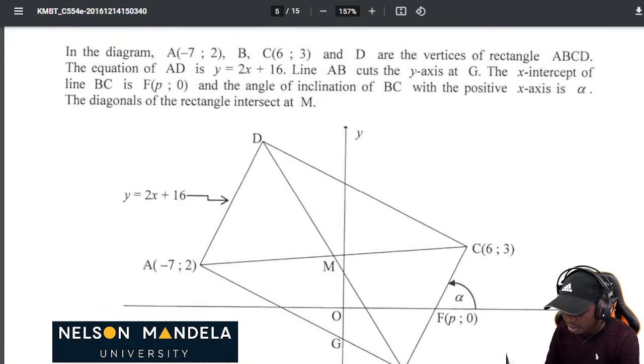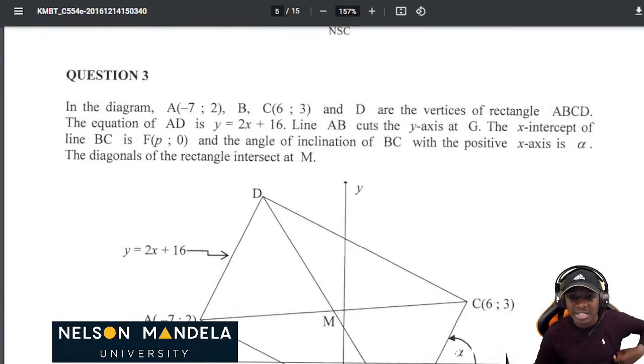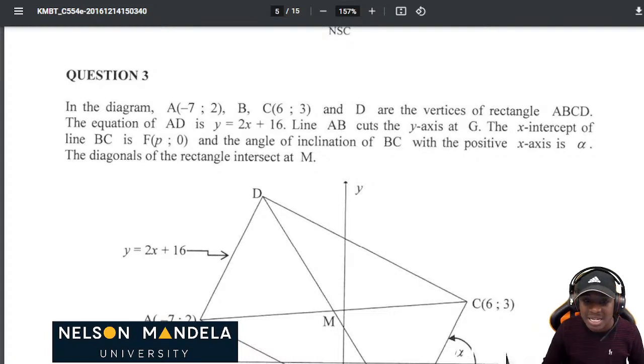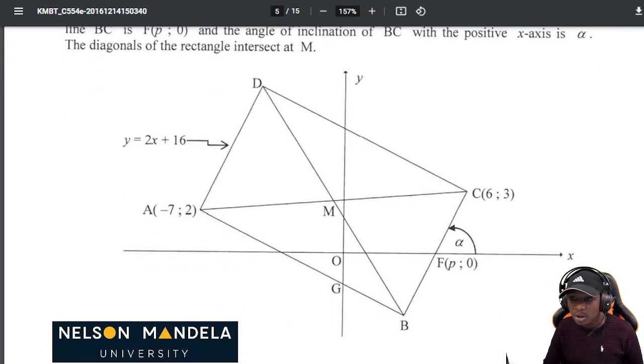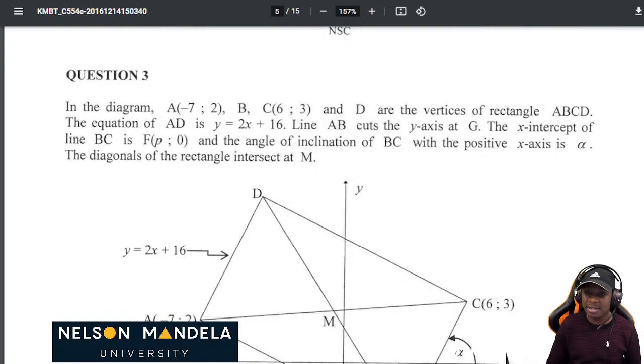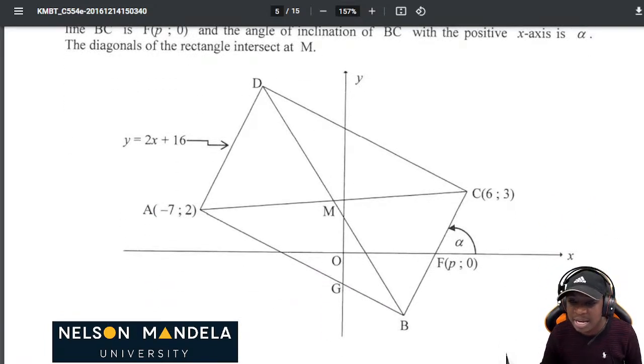Okay, question 3. We are given that in the diagram, A, which is coordinate (-7; 2), B and C, which is (6; 3), and D are the vertices of a quadrilateral ABCD. The equation of line AD, where is AD? We can see that AD is y = 2x + 16. Then line AB, where is AB? That's line AB.